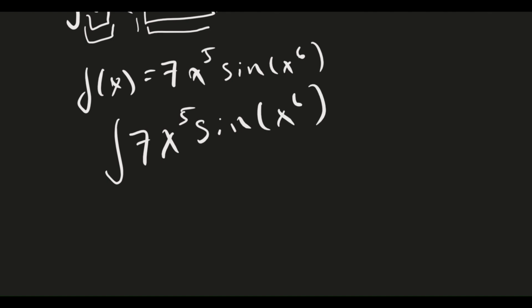How do we determine that you need to use the U-substitution to evaluate this integral? By looking at this expression, here we have 7x raised to the power of 5, and here we have x raised to the power of 6. By differentiating this portion, we are going to have x raised to the power of 5, which is able to cancel this one. So that is the reason we are going to use U-substitution on this integral, right?